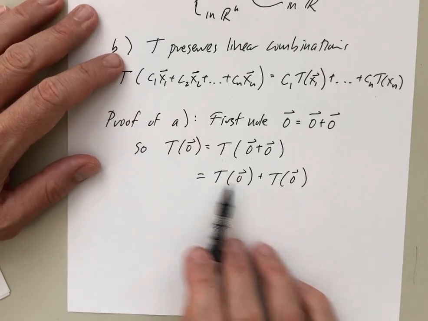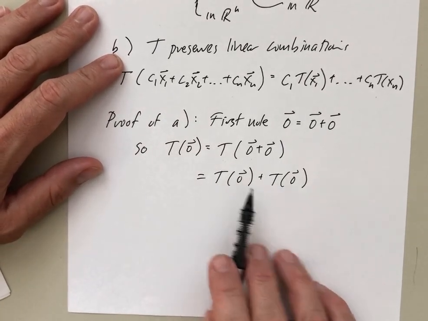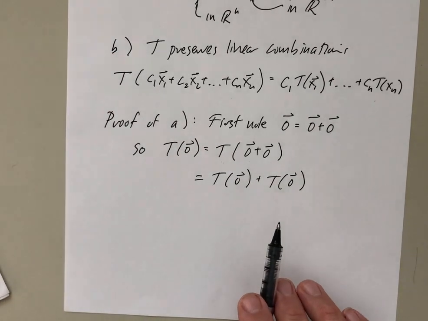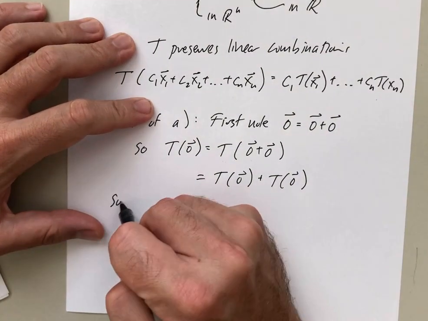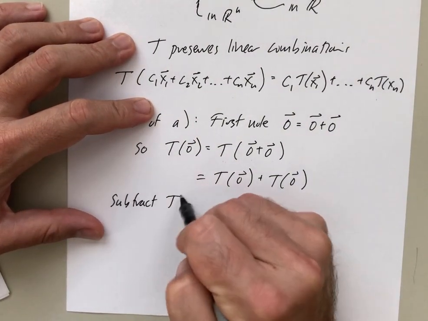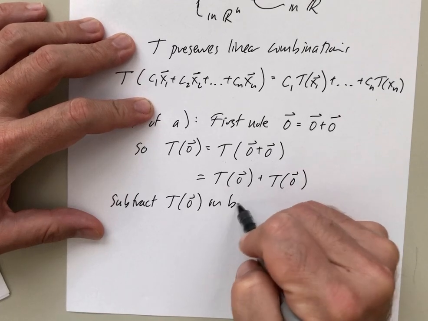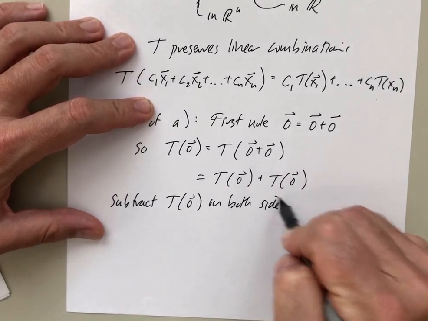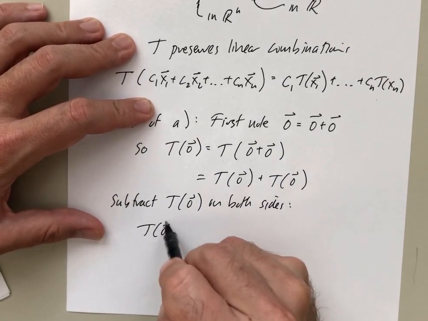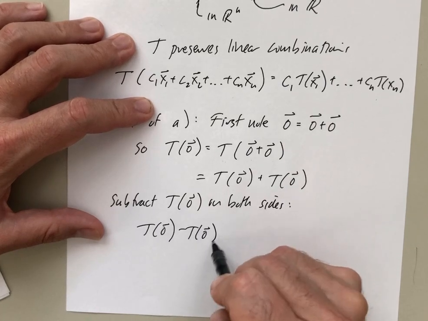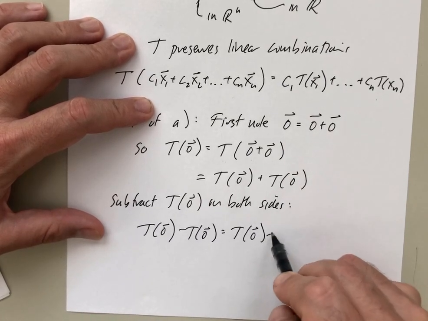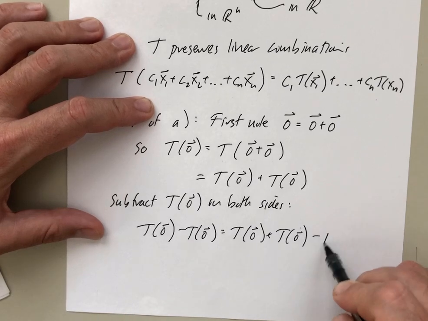And so what we have now is that T of 0 is equal to T of 0 plus T of 0. At this point, I don't know what T of 0 is, but whatever it is, I can subtract T of 0 on both sides. So T of 0 minus T of 0 equals T of 0 plus T of 0 minus T of 0.